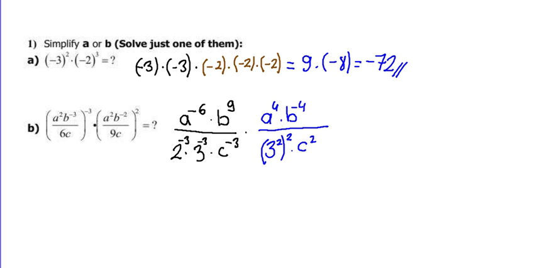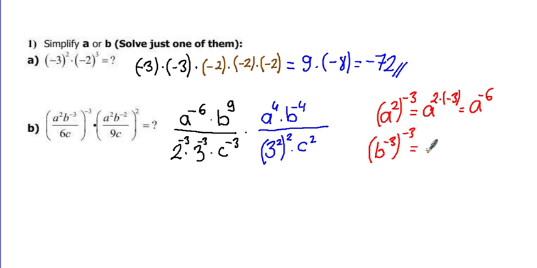Let's write here the important things. So what was negative 3 power of a squared? It's multiplication between the powers. So it's a to the power of minus 6. So what was b to the power of minus 3? And then minus 3. These are from the first parenthesis.